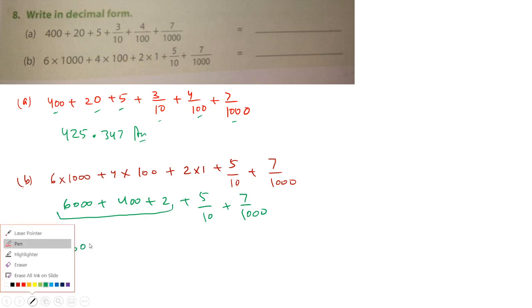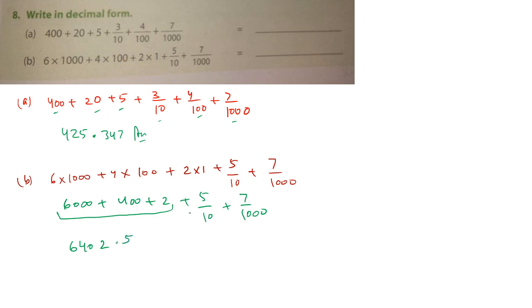This will be 6000. Okay, 6402. This will be 6402.5, and here upon 100 term is missing, so 0 instead of that, and then 7. So your answer is 6402.507, and this is the answer.